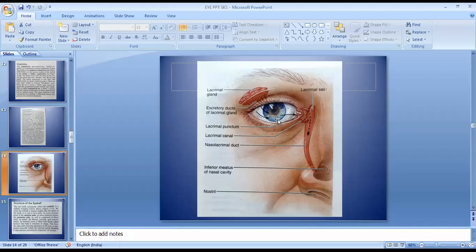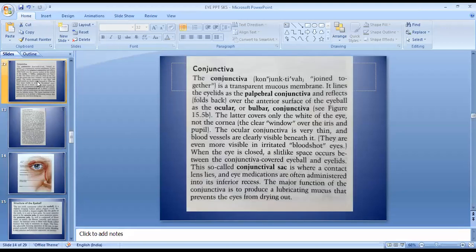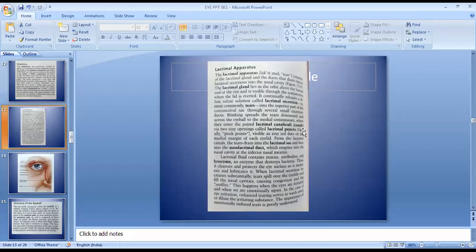Actually, it is very protective. Continuously, it is washing our eye surface, and you will see that these lacrimal secretions are not only water and saline. It contains so many important things.